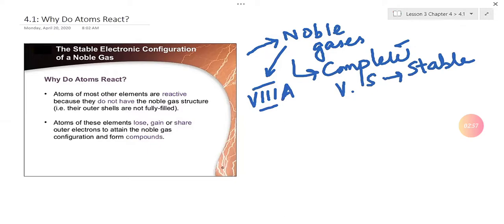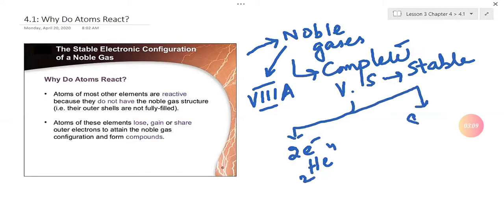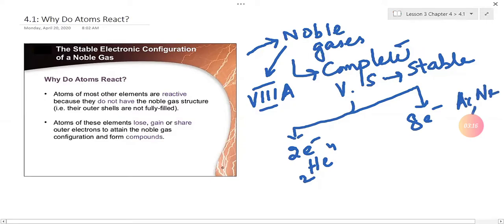Noble gases belong to group 8A, and with this complete valence shell, they are said to be stable. The valence shell is complete by having 2 electrons in the outermost shell, just like helium, and 8 electrons in the outermost shell, just like argon, neon, and other noble gases of group 8A.